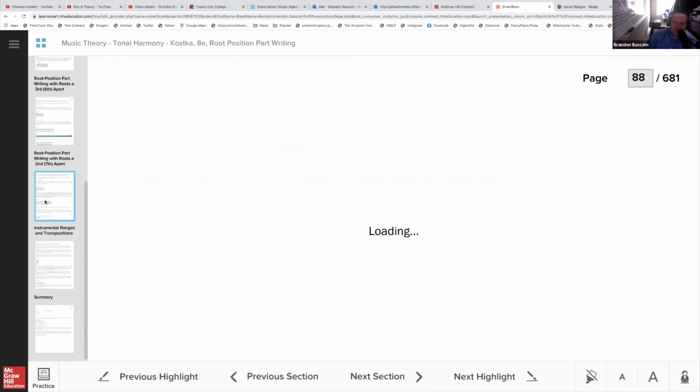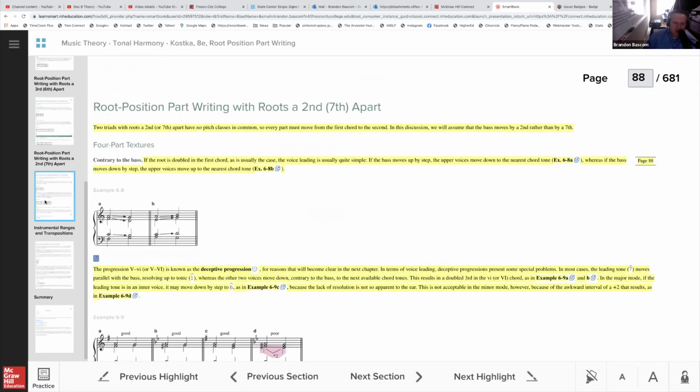And then we talked about if they move a second or a seventh, there are no common tones. Right? And that the upper voices move to the next nearest chord tone. If the bass moves up by step, the upper voices move down to the nearest chord tone.